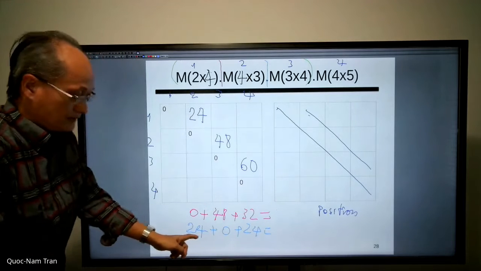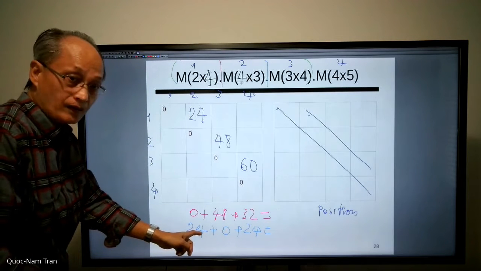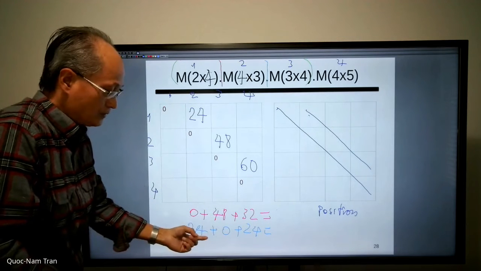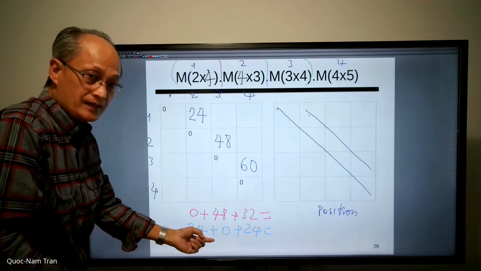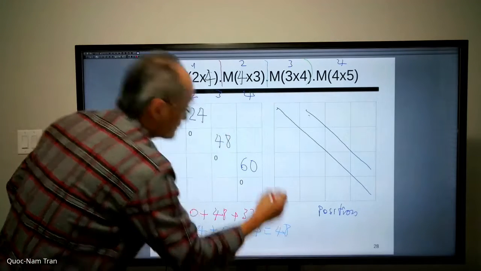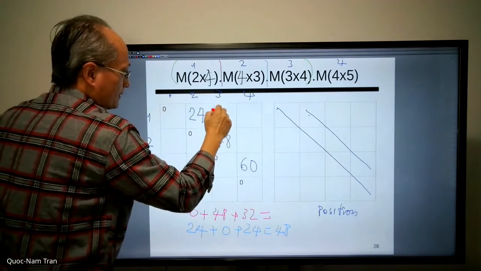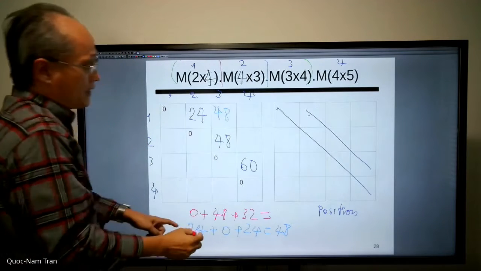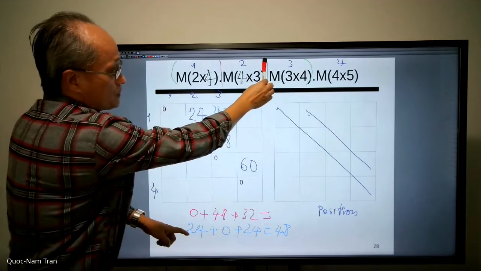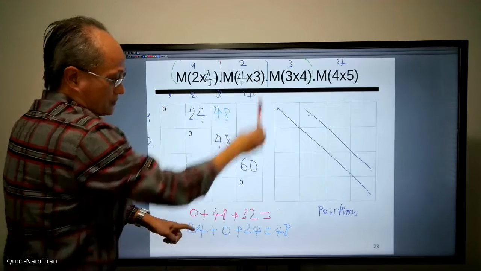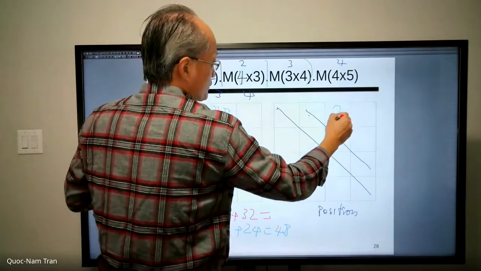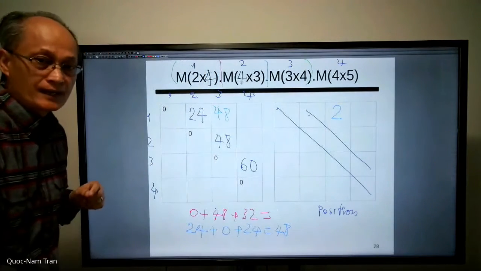So clearly the blue one is smaller, so we don't even have to add them, right? So we just look and find out that the second way is smaller. So we have it 48. So we put it here, 48. Right? And then we know that here we cut it at this position will give us the smallest one. So we write down here the position where we cut the sequence, right?